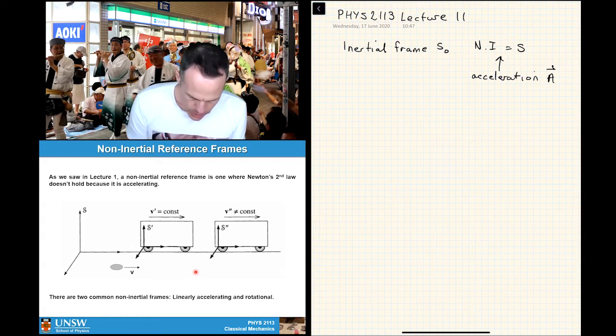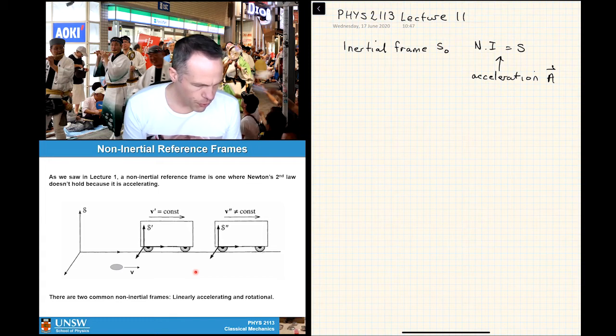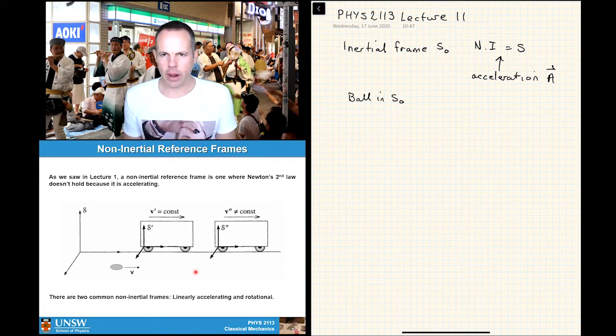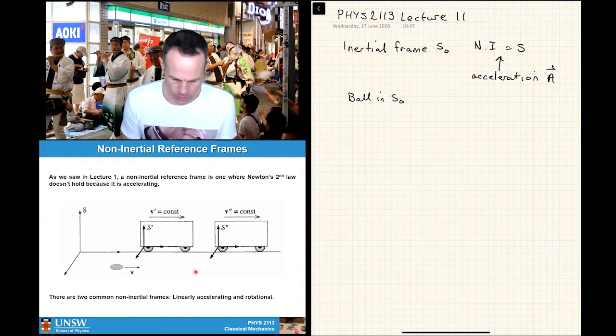Okay, so if we consider the ball in our inertial frame S0, then because it's an inertial frame, we know that Newton's second law is going to hold, right?